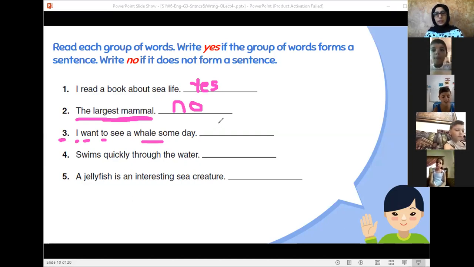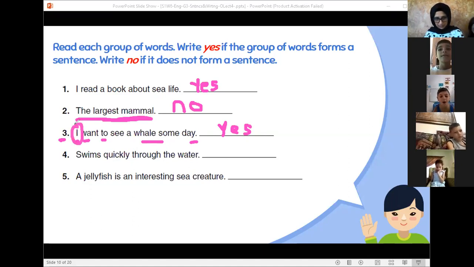Yes, it is, because it has, what does it have? A capital letter, and at the end we have a point. Bravo, but it is also made of 2 parts. What are the 2 parts? Telling part and naming part. Excellent.